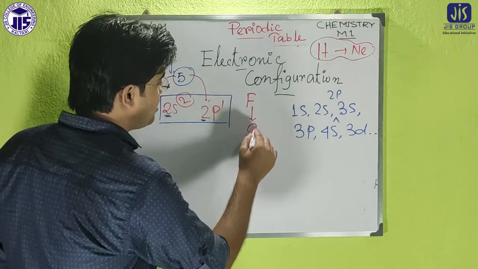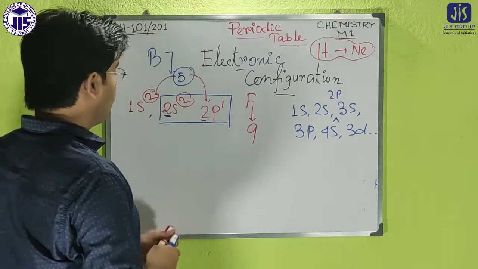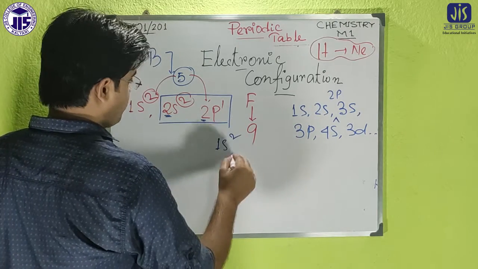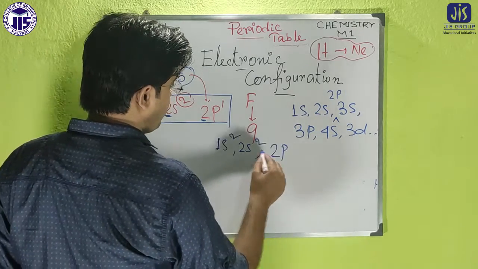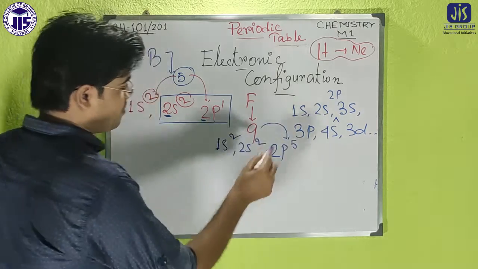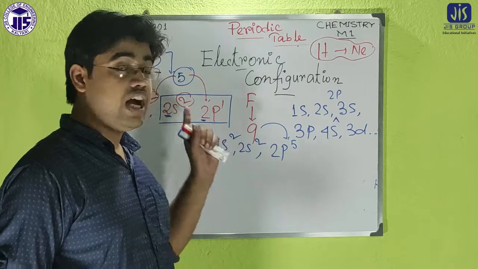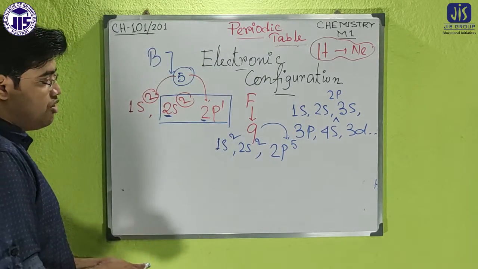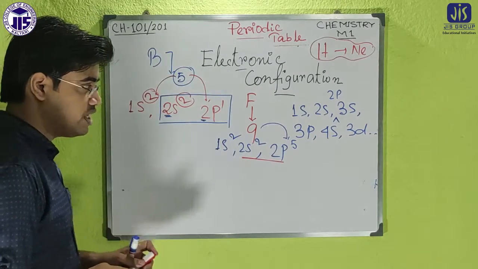Now if you fill the electrons one by one: 1s it will be 2, then 2s it will be 2, then for 2p, how many remaining electrons? 2 plus 2 is 4, remaining electrons 5, so 2p5. So 2s2 2p5 is the outermost electronic configuration of fluorine. You have to keep in mind that 2s2 2p5 is the valence electronic configuration.